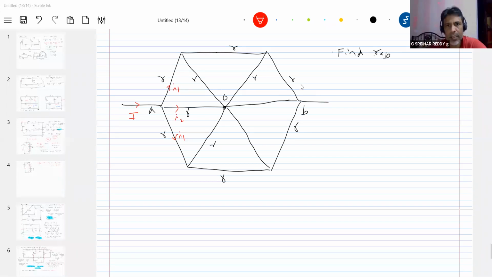This current I1 further divides into I3 and I4. This I3 will not branch, and this I2 will not branch. So I3 plus I4 should be equal to I1.